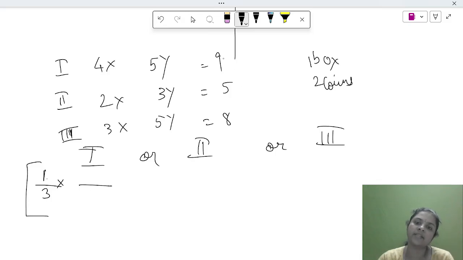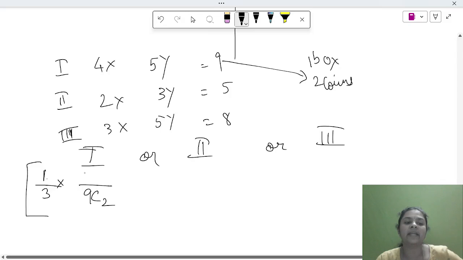Box 1 has 9 coins. So I am going to select 2 coins. So tell me what is the denominator? 9c2. Very good. 9c2. Now I need 2 different coins. Out of x I need 1 coin and out of y I need 1 coin.